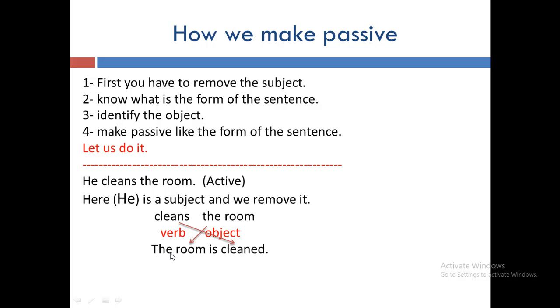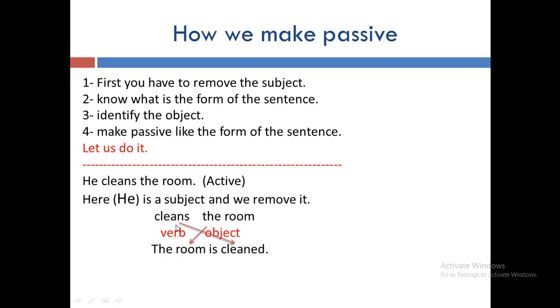Don't mind what comes before the last word. We will just focus on the last word. The room. Room is singular, so we will not say the room are, or the room am. We know this is totally incorrect. So we will say the room is clean.